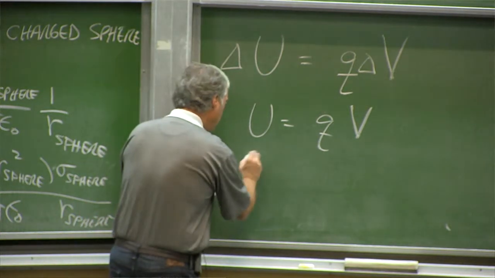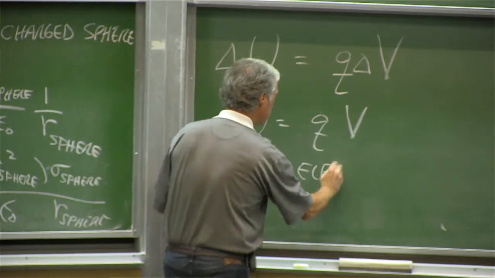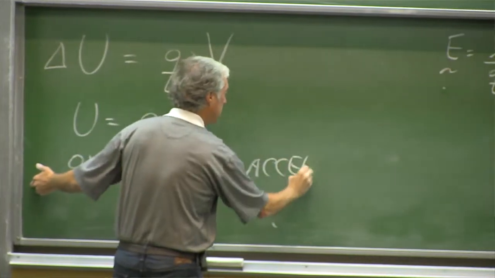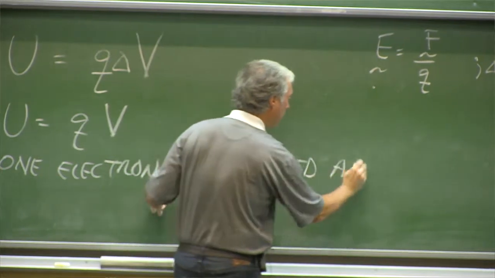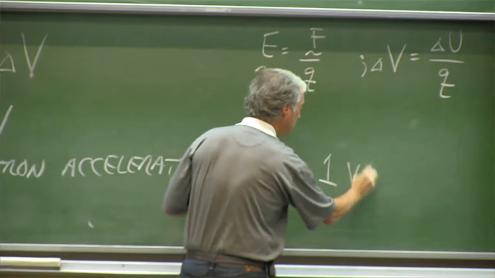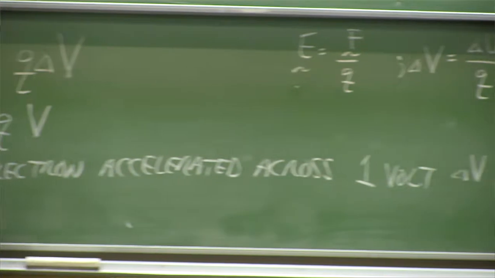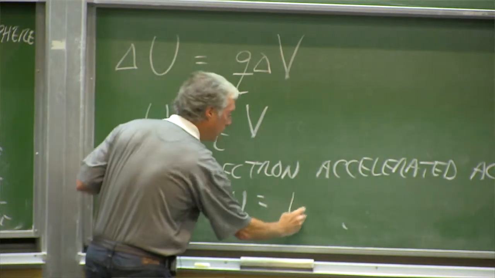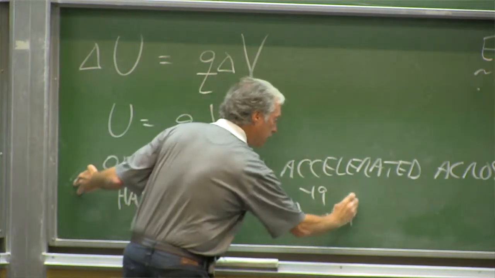So one electron accelerated across 1 volt delta V has a delta U equal to 1.6 times 10 to the minus 19 coulombs times 1 volt.